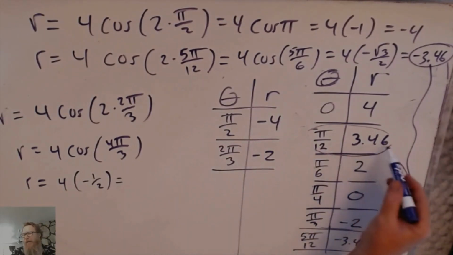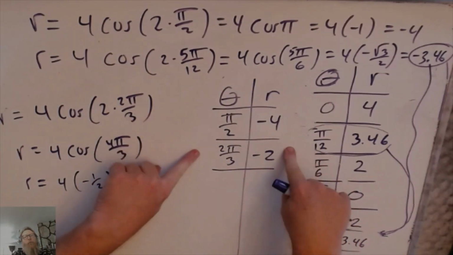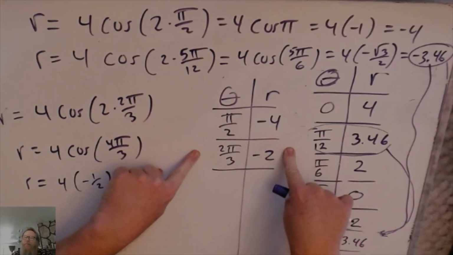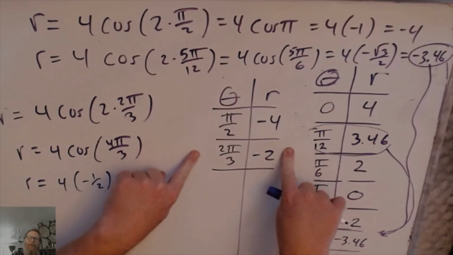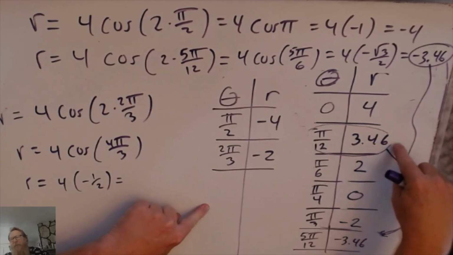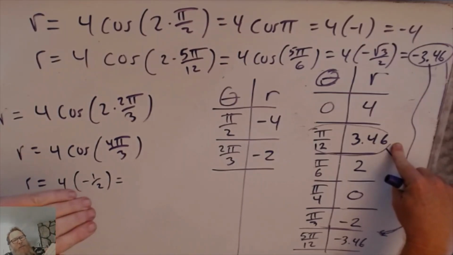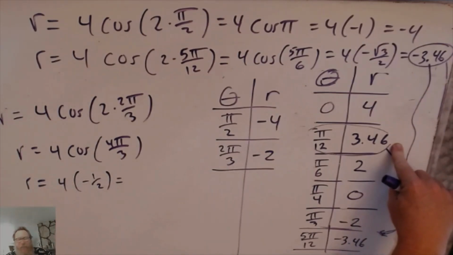I'm probably not going to plot the 3.46 anyway. I mean, if I have to, I will, but you can kind of see you missed another one. Right? I'm not going back to get this one. In this example, every time you have a 4 and a 2, you're always going to have a 3.46 between it. Yeah, it's a periodic function. So if it hits it on the way up, it's going to hit it back on the way down, or vice versa.